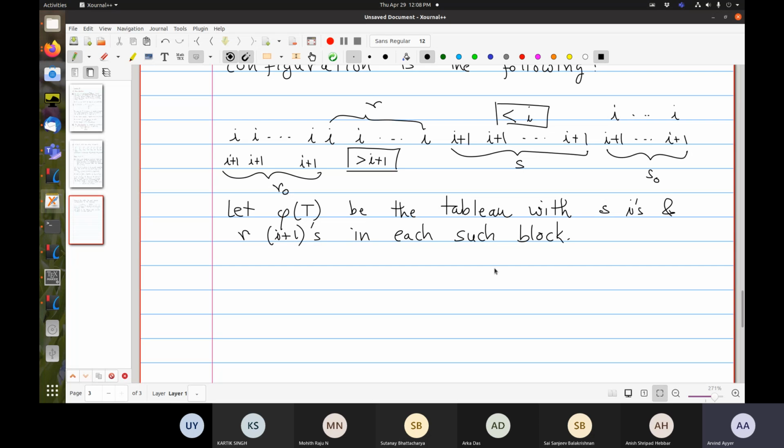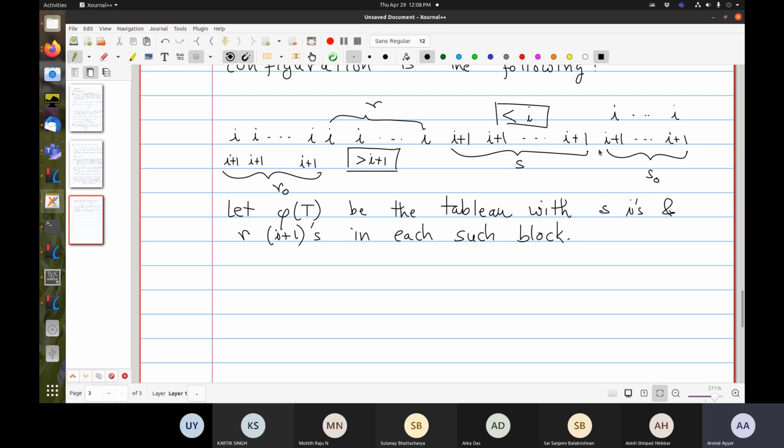And then this is clearly an involution. If you act on such a block again, they will return.